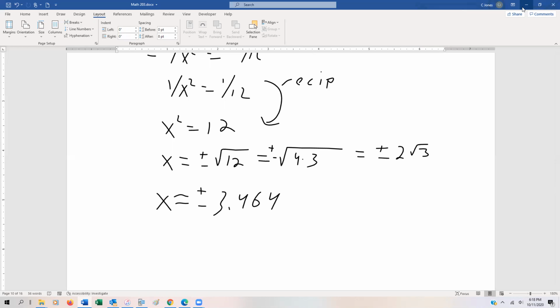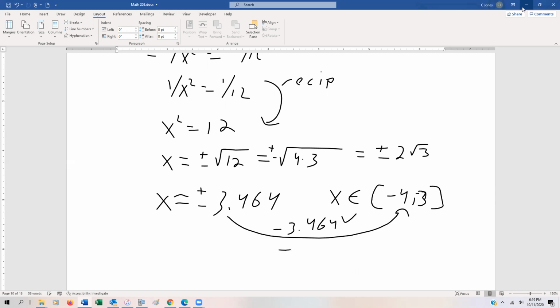Now, that's a good thing, because remember the original interval that we were dealing with was -4 to -3. And clearly, -3.464 falls in that interval. But positive 3.464 does not fall in that interval.